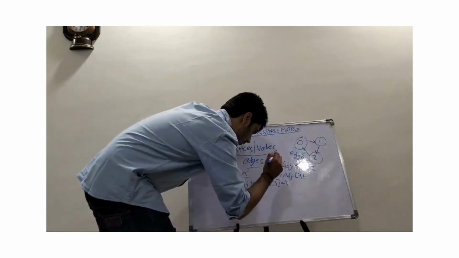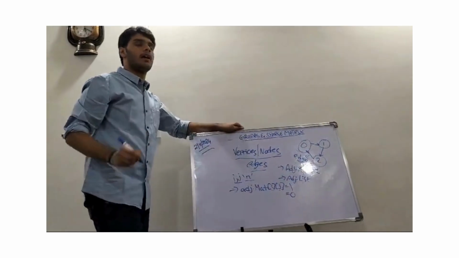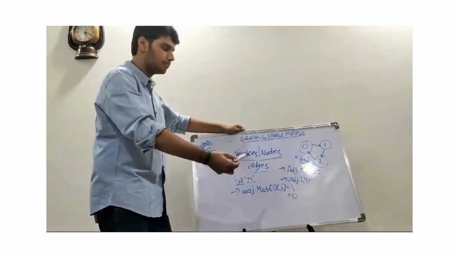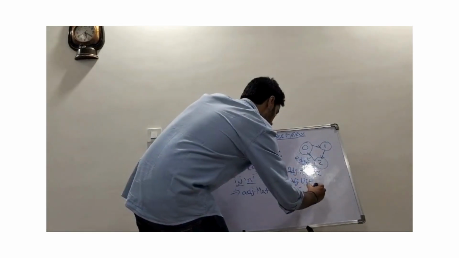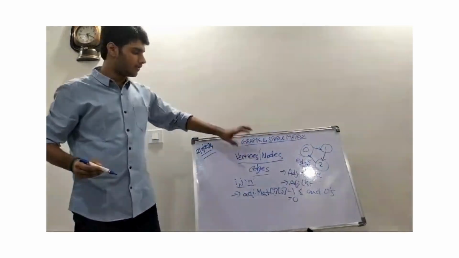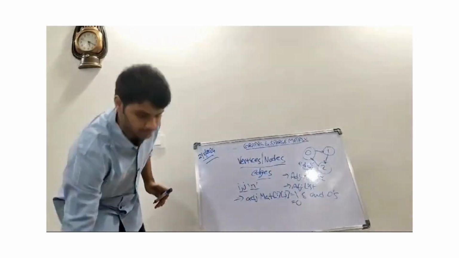And if it does not have an edge, we represent it with 0. I forgot to mention that an adjacency matrix represents graphs in booleans, which is in ones and zeros. This is the way we represent a graph with an adjacency matrix.